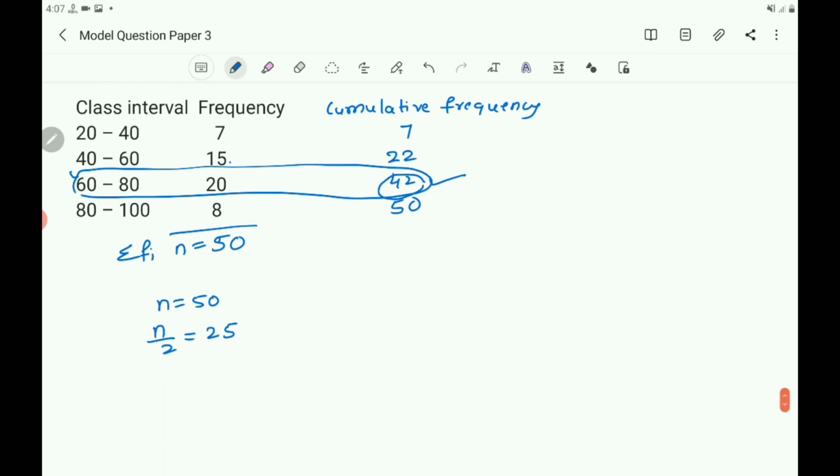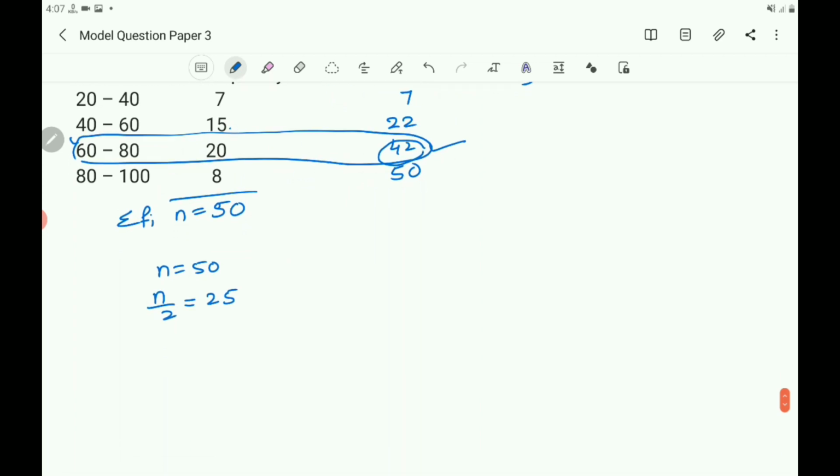So you write: the 25th observation lies in the class 60 to 80. So this is the median class we got.